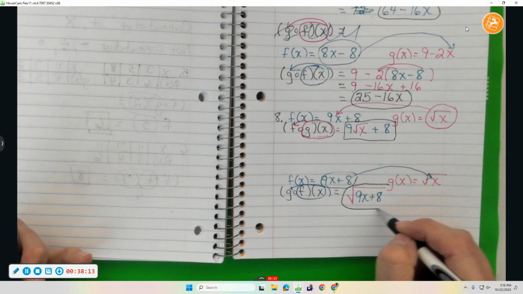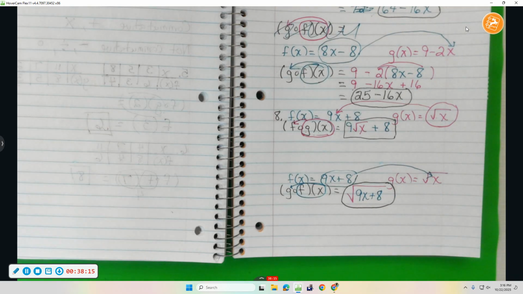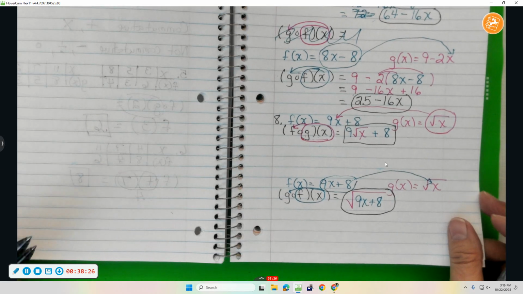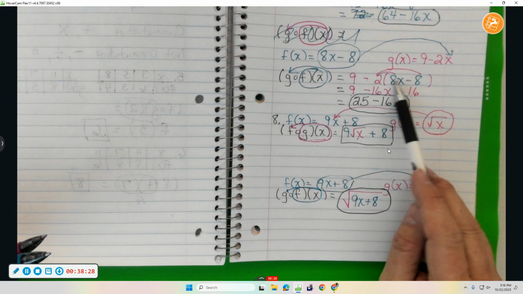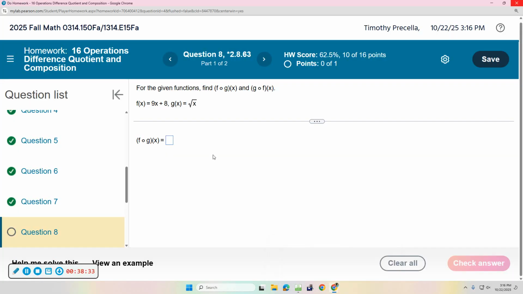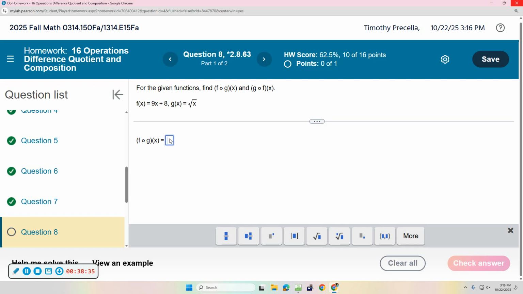There's another one where there's not a lot of scribble, other than maybe drawing some arrows. Like on number 7, there was a little bit of distributing to simplify it. Here, there wasn't even that. So here we have 9 square root of x, and only the x is under the square root, plus 8.